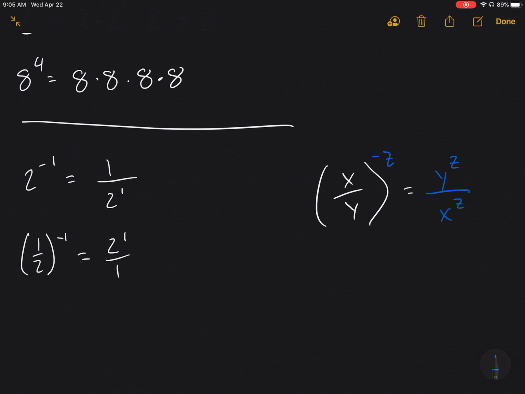So in this case, z is just some real positive number, and x and y are also just real numbers, positive or negative, doesn't really matter. When we raise that fraction, x over y, to the negative power, x goes to the denominator and is raised to the z power, and y goes to the numerator and is raised to the z power. And that negative from the exponent just goes away, right?